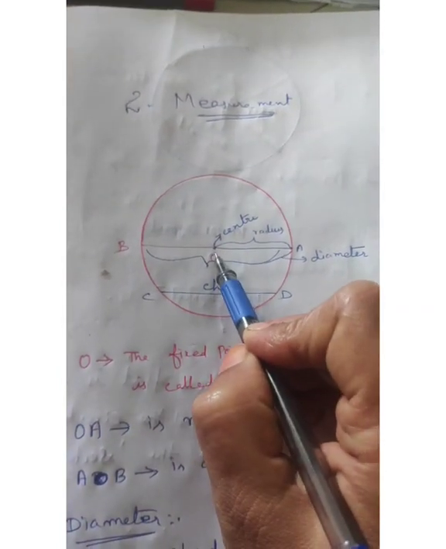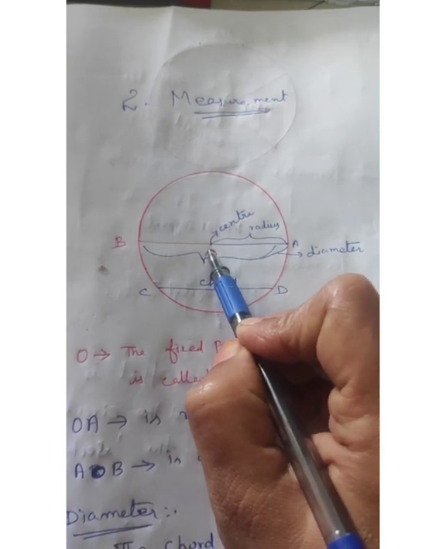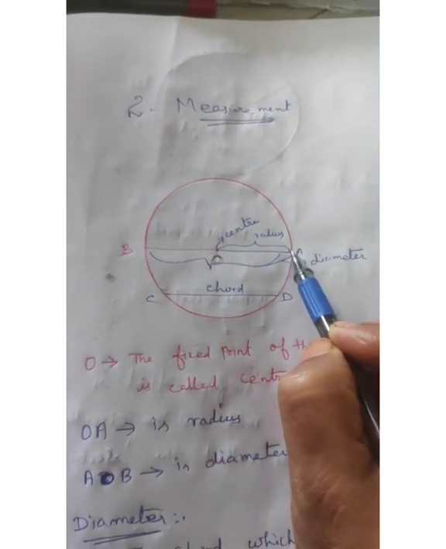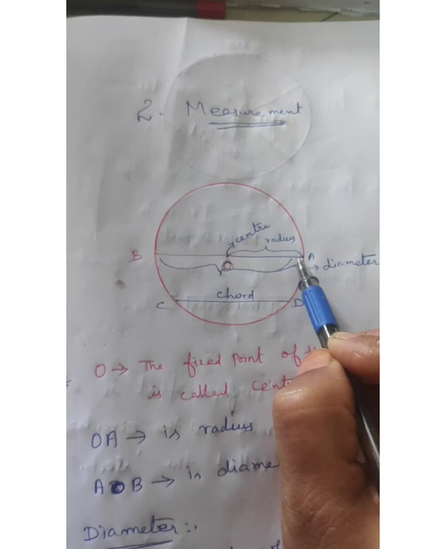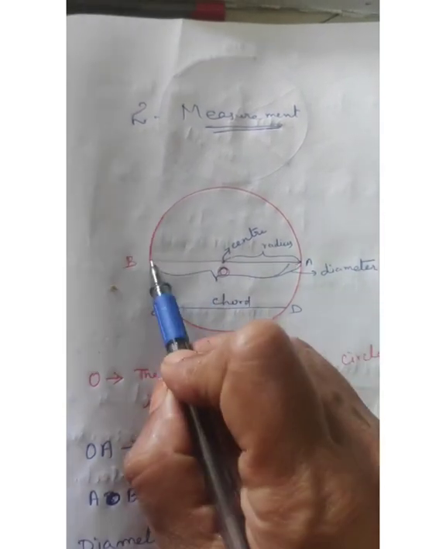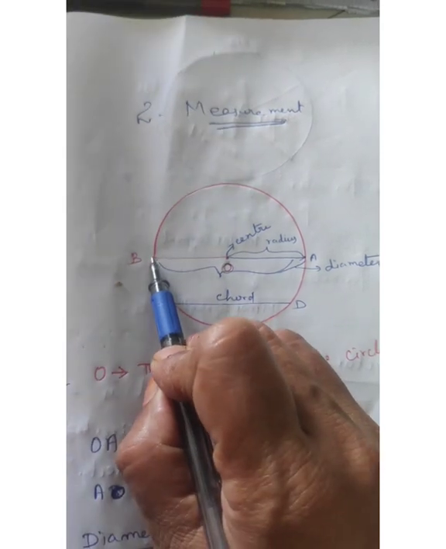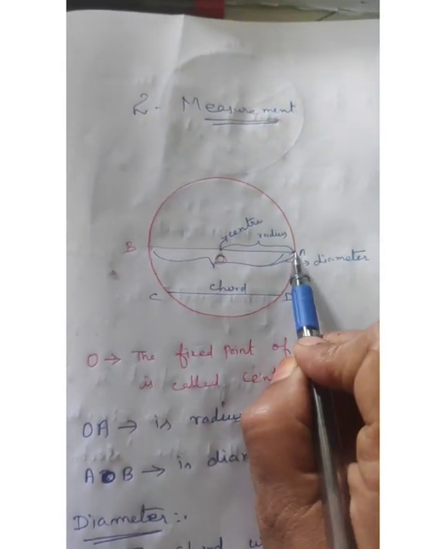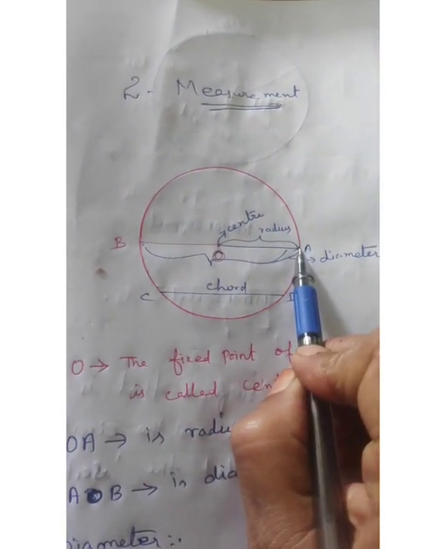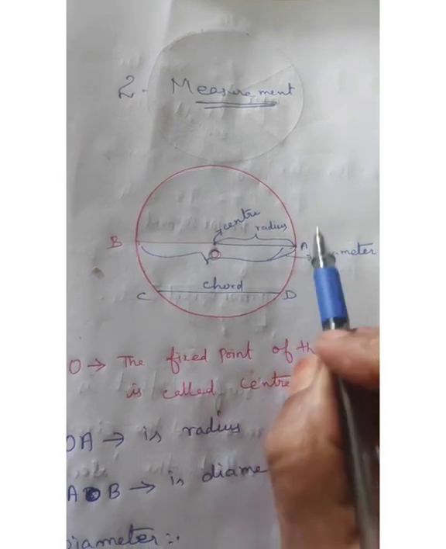I am writing the center point as O. The constant distance from O to A is called a radius. Here is another point B, and the constant distance OB is another radius. Now the distance AB is called the diameter.